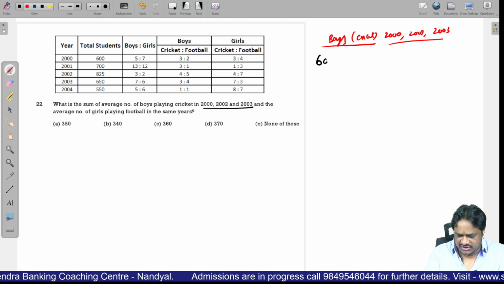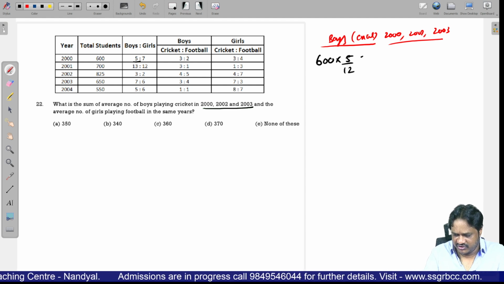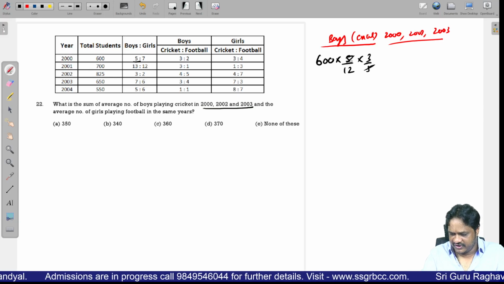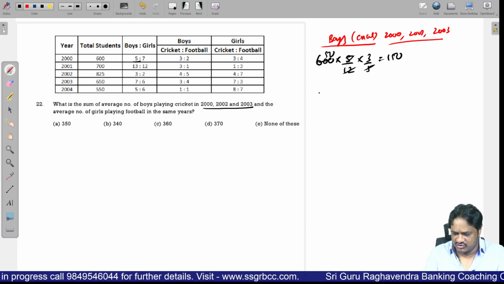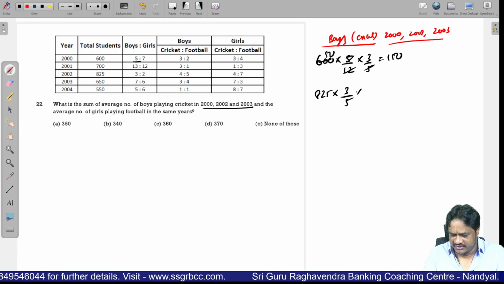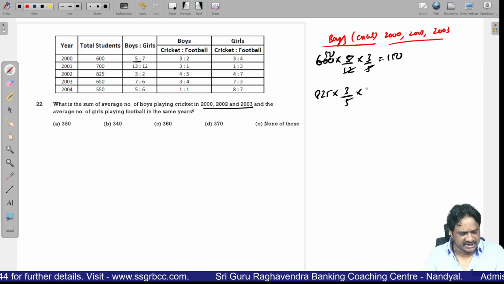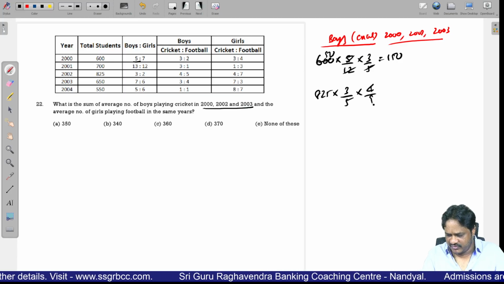First 2000, total students are 600. Boys will be 5 by 12. In this we want cricket, 3 by 5. So 5 and 5 cancel, 12 ones 12, 50, it is 150. Now 2002 total strength is 825. In this boys will be 3 by 5. In this cricket playing boys will be 4 by 9.